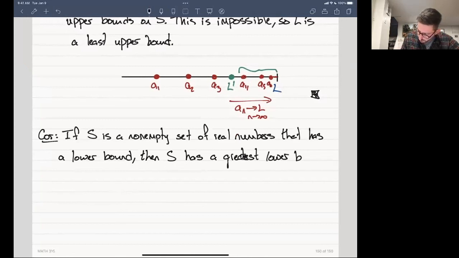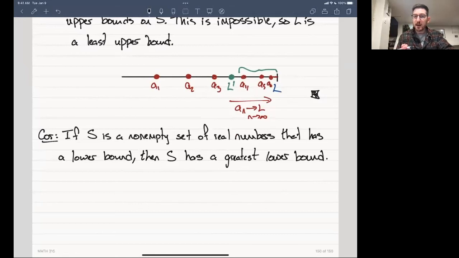Now, we did not define a greatest lower bound, right? My definition stopped at least upper bound. So it is worth taking a second to think about what a greatest lower bound actually is. A greatest lower bound is the biggest lower bound that you can get on a set.